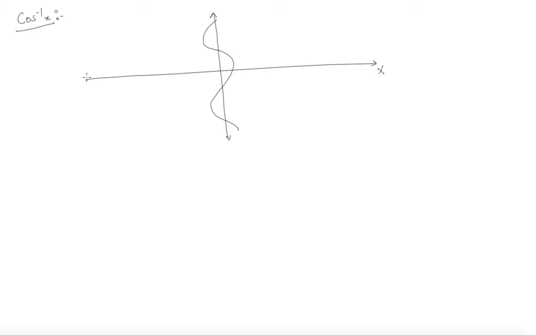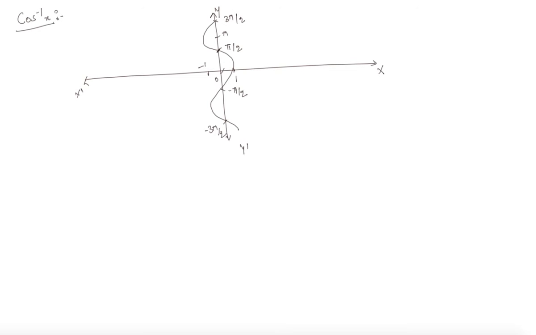This is x, this is x dash, this is y dash, this is y. This is 0, this point is 1, this point is minus 1, this point where it is 0 is pi by 2, and this is pi. This is also minus pi by 2. This is also 3 pi by 2.